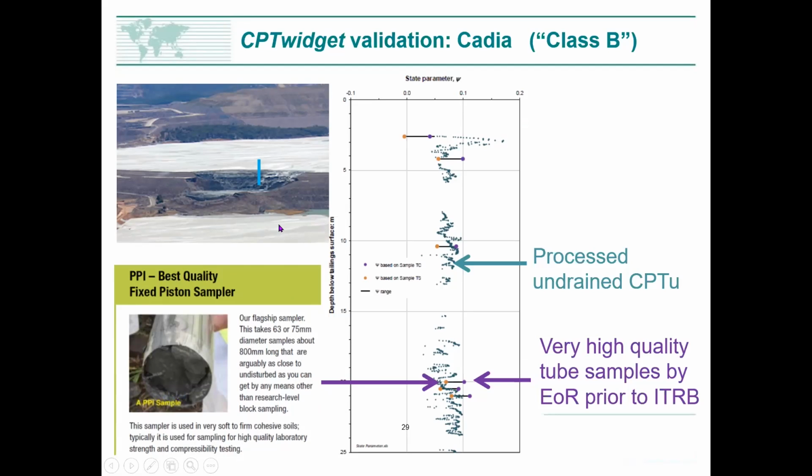And bless them, they had sent a memo to Newcrest documenting the density of the soil recovered in those tubes, and we did as a board. We didn't know about that when we ran our predictions, which is why I'm calling this a Class B validation.